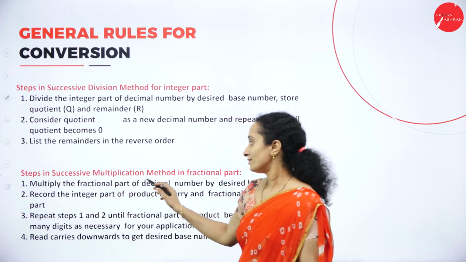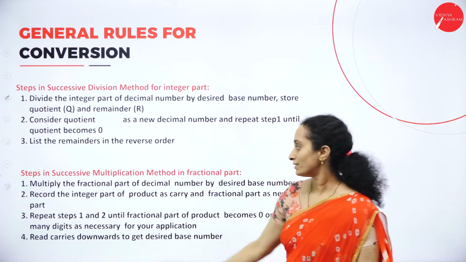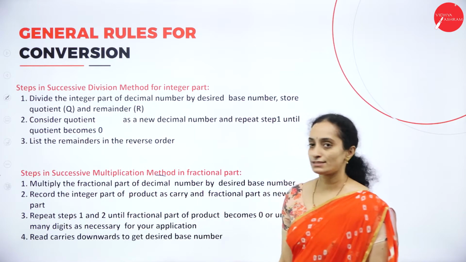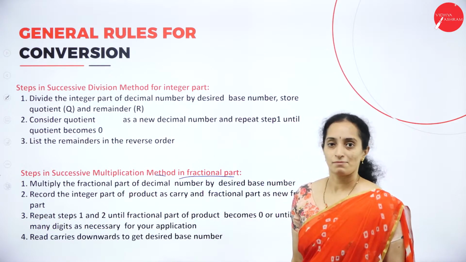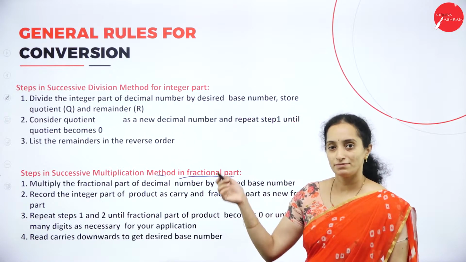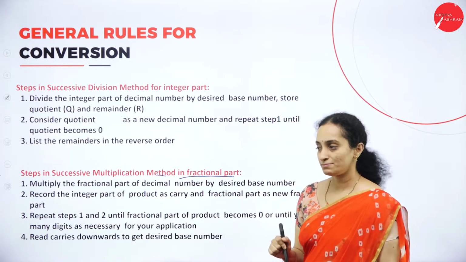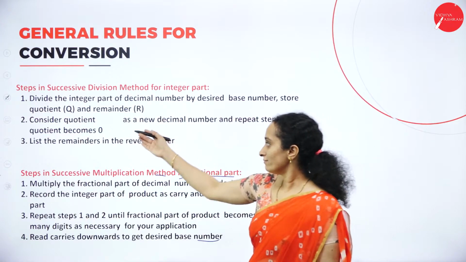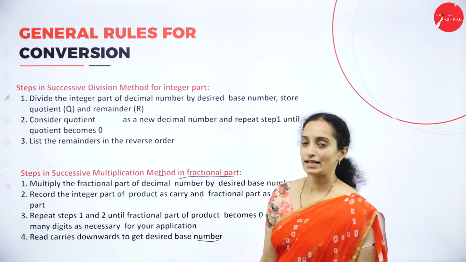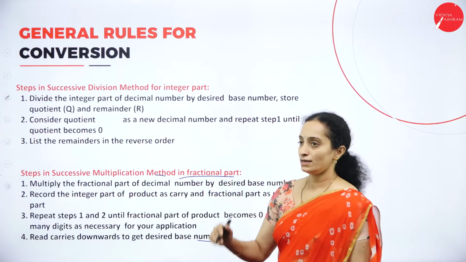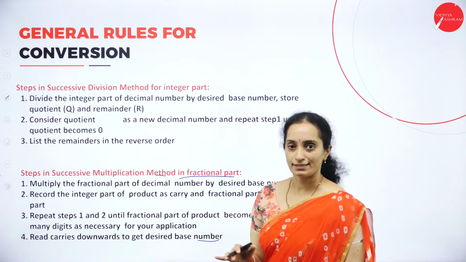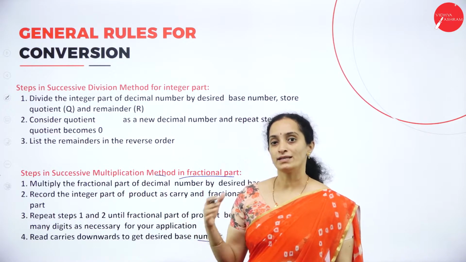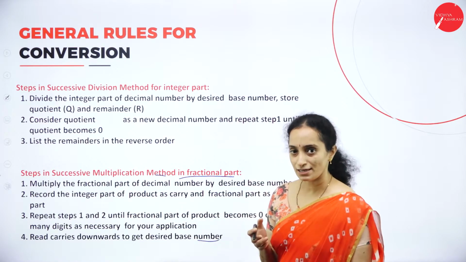If it is a fractional part, you can do successive multiplication of the numbers with the particular base. Dividing with the particular base, consider the quotient and the remainder. The quotient will be the next input, and the remainder will be taken for the conversion.